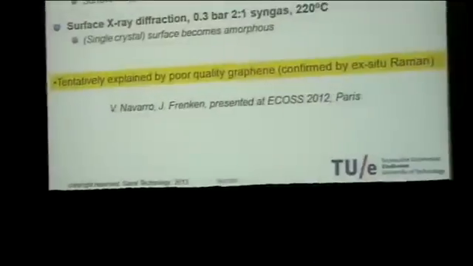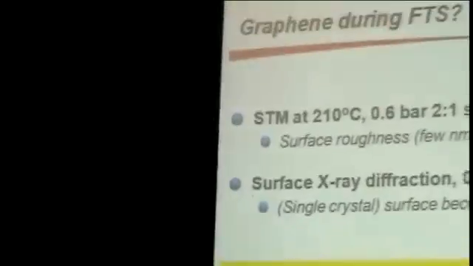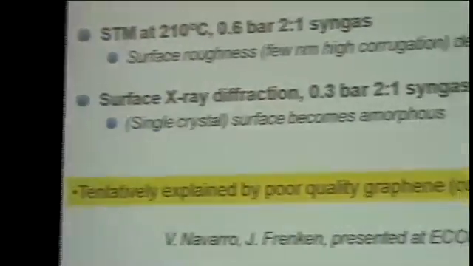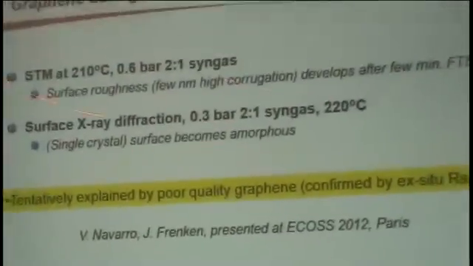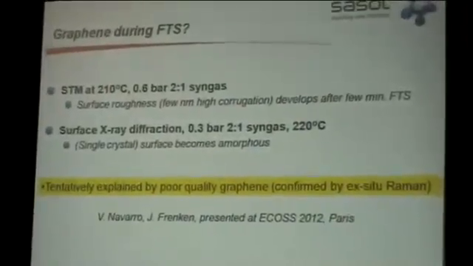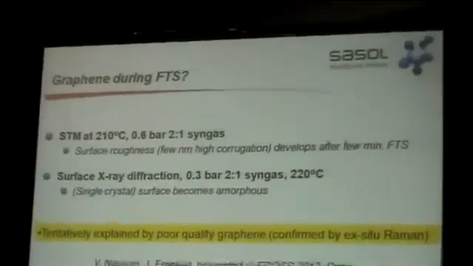So, what about other forms of carbon? What about graphene? Well, there might be graphene during Fischer-Tropsch, and I want to explain briefly the work of other people, the work of Joost Frenken at the University of Leiden. They use STM in situ at higher pressures, or at least for surface scientists, 0.6 bar is quite high.